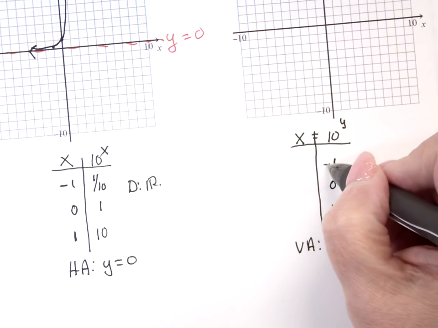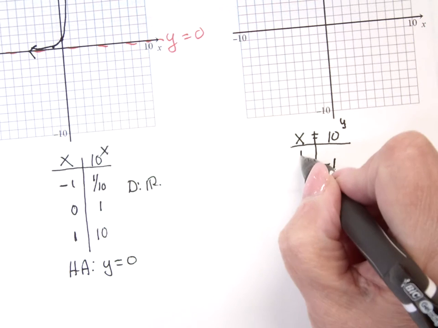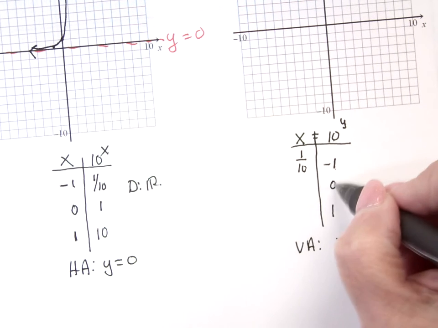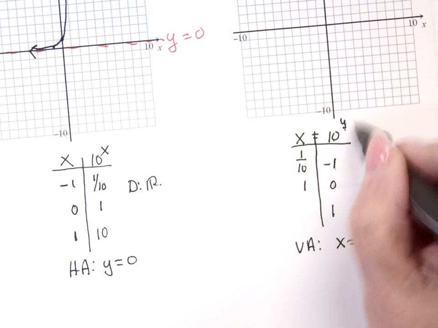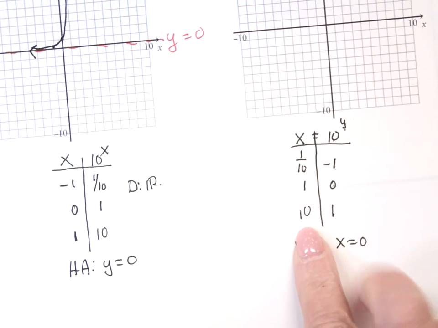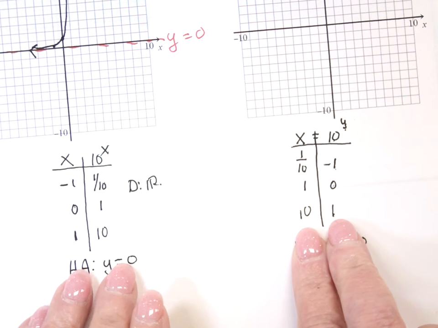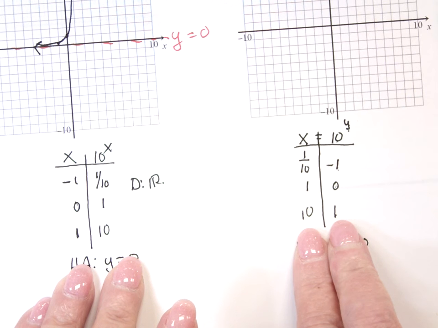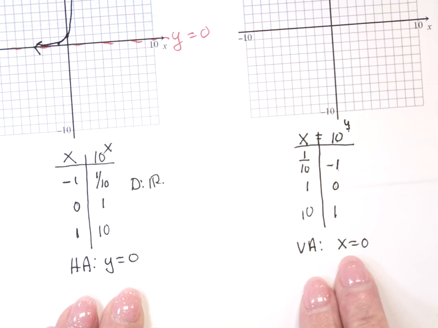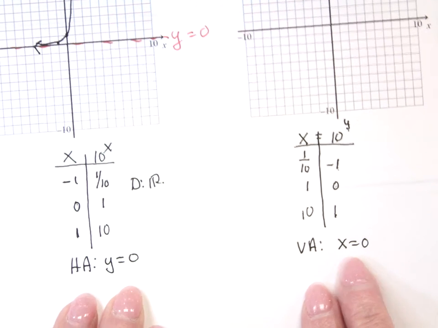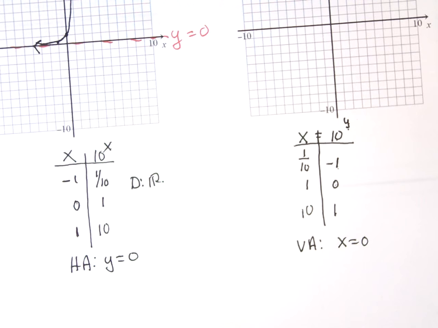Now, this becomes 10 to the -1, which is 1 over 10. This is going to be 10 to the 0, which is 1. This is going to be 10 to the 1, which is 10. And if you notice, everything between these two graphs is flipped. X's and Y's are flipped. VA, HA is flipped. They're inverses of each other. So if you have to do these by hand using transformations, go after the basic. And realize that what you put in for X before, you're going to put in for Y now.